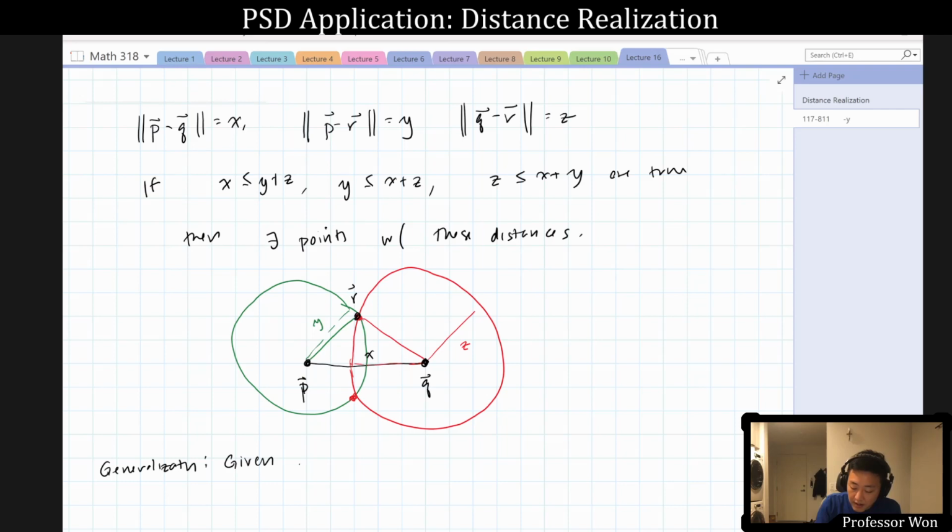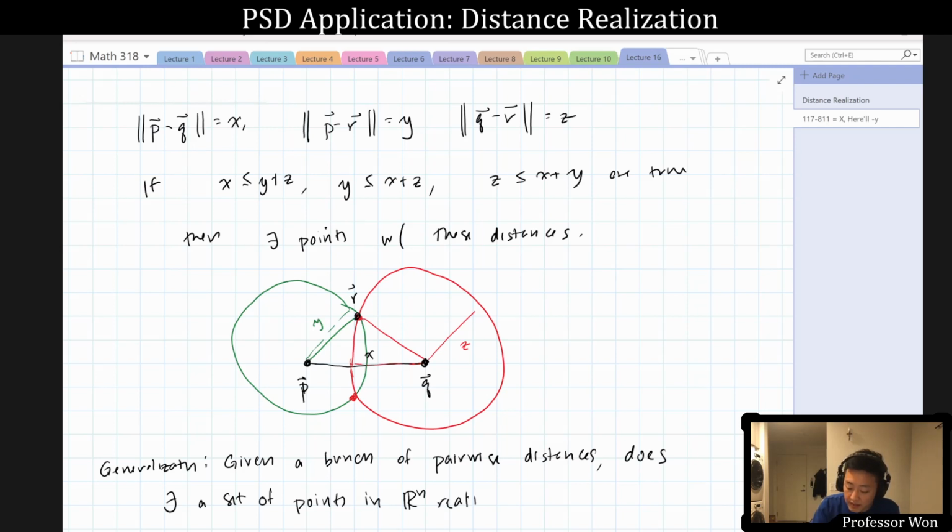Given a bunch of pairwise distances, does there exist a set of points in Rn achieving these distances or realizing these distances? Okay, and it's not that obvious what to do.